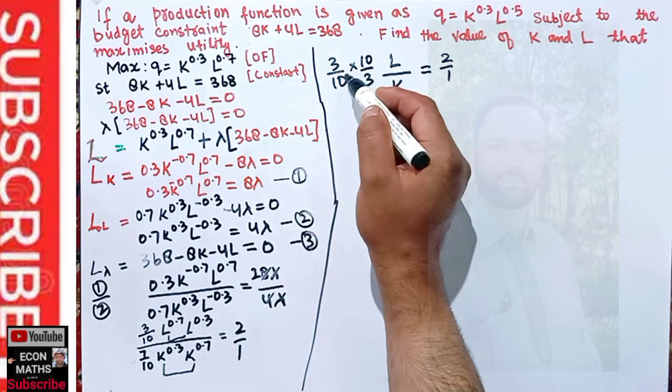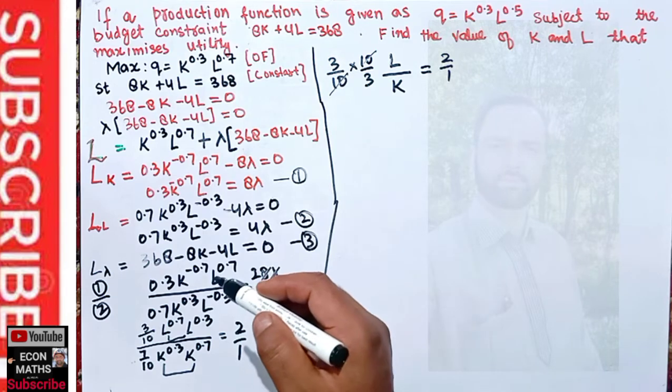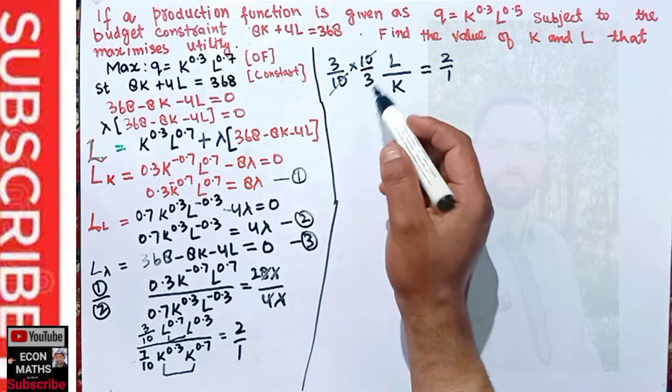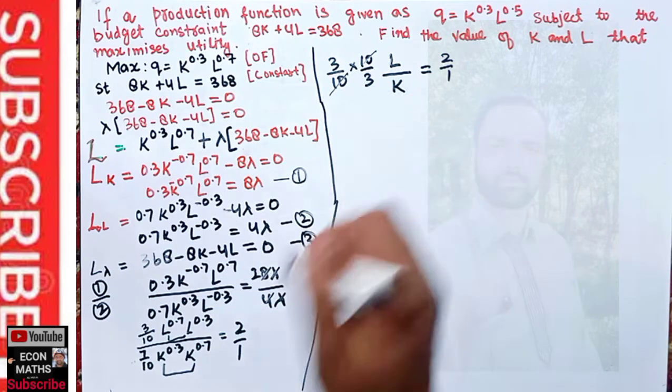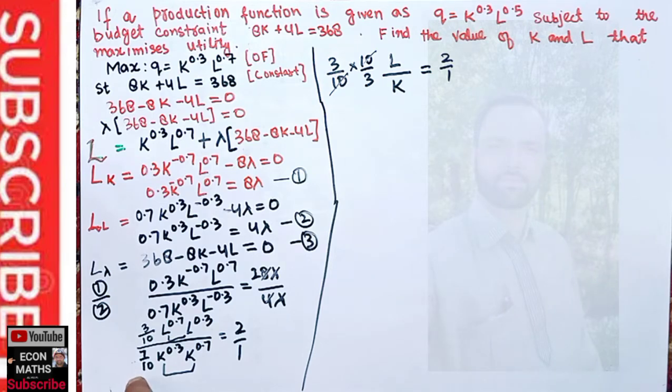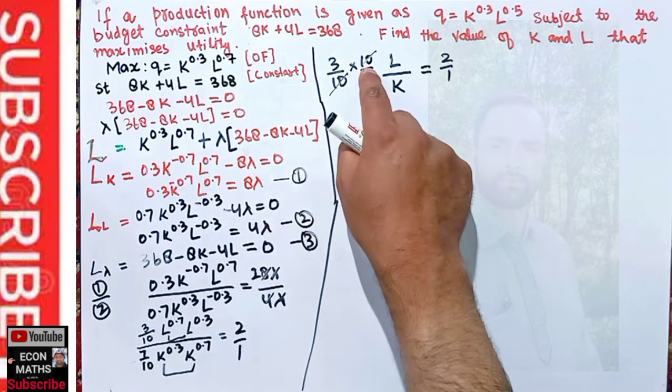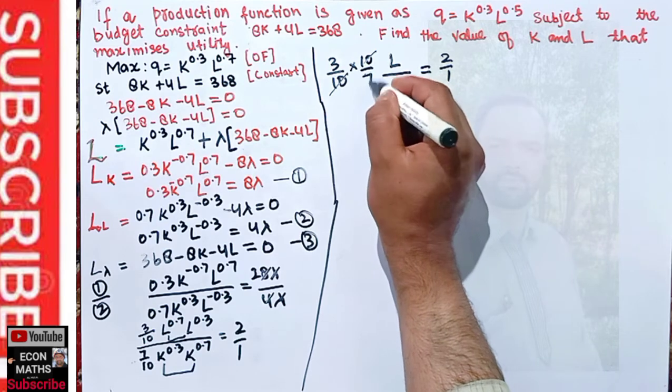So 10 and 10 get cancelled. Here we have 10 divided by 7, so here it is 7. Sorry for the mistake.